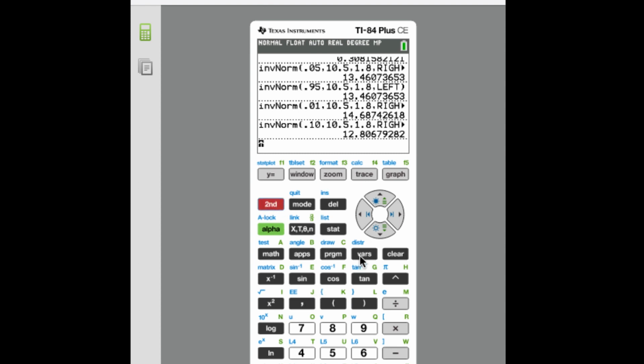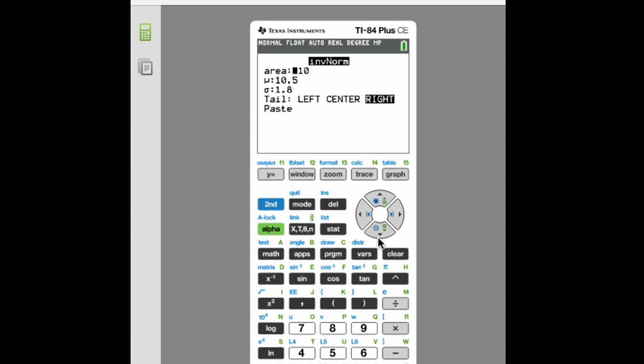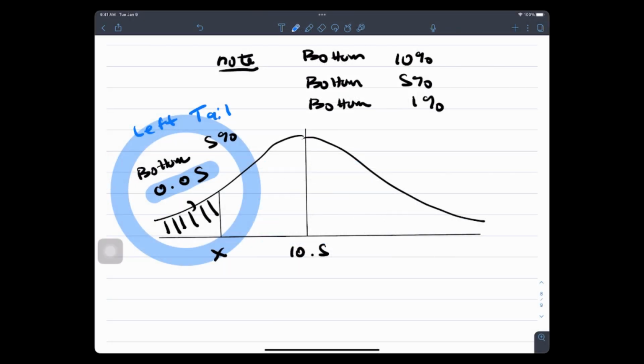If I go to second distribution now, inverse norm, I'm going to do 0.05. That's 5%. Is that right? But is that in the left tail? Yes. So go back, take a look, draw a picture of the question. Isn't that 5% left tail?